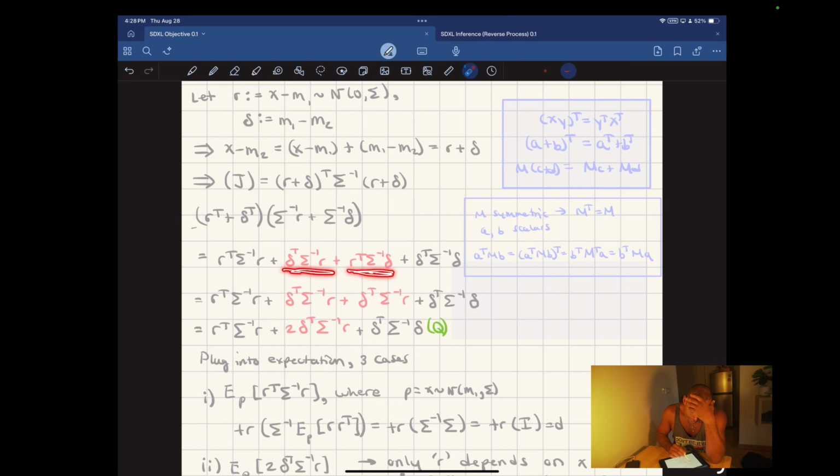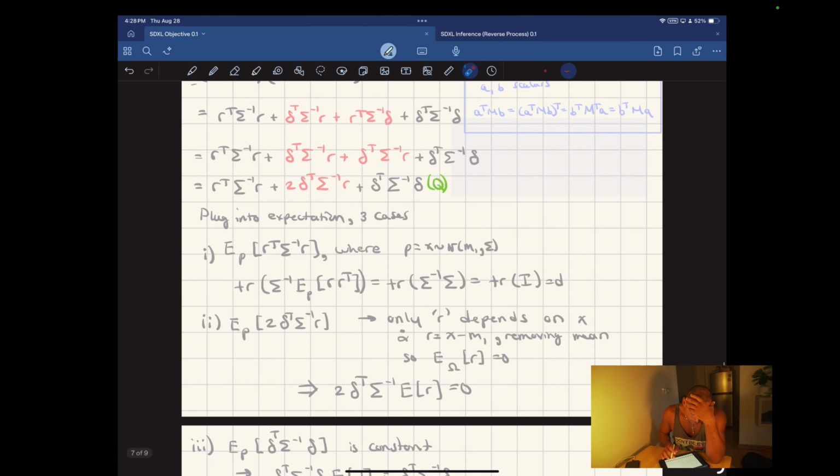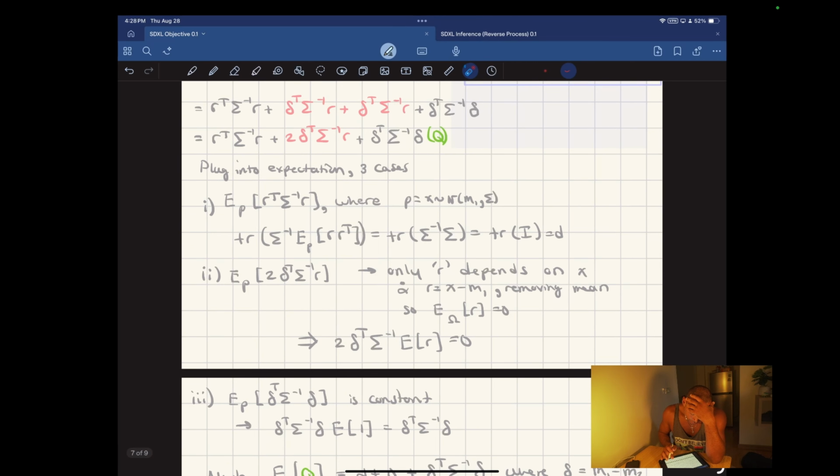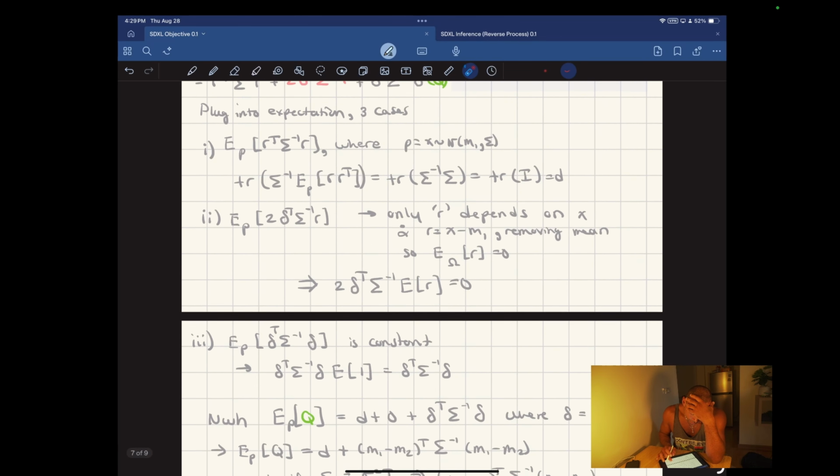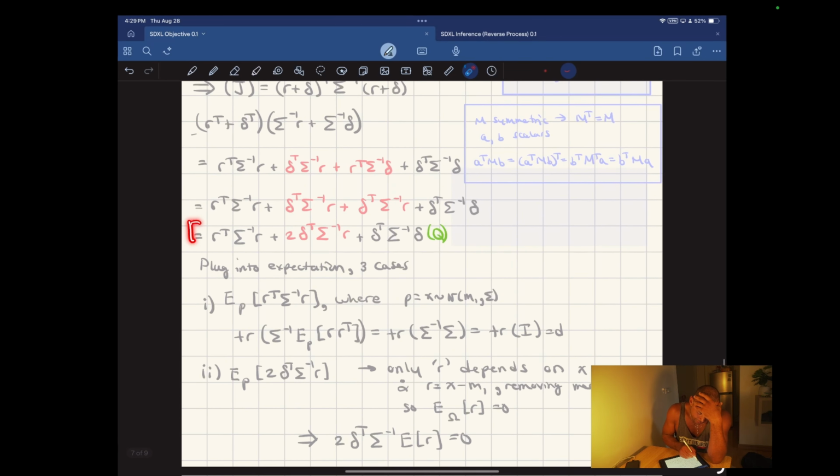I want to turn this into this. They're the same thing. This and this are the same. And I'm using this property right here, that this is equal to this. So this turns into this. Now they're the same, and I add them together. And, right, so now I have the expectation under P of this, right?